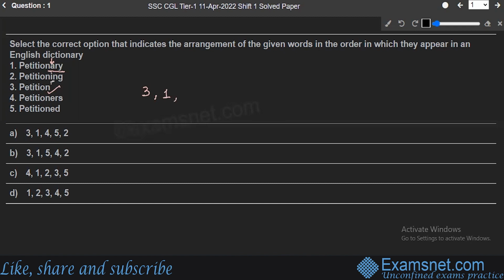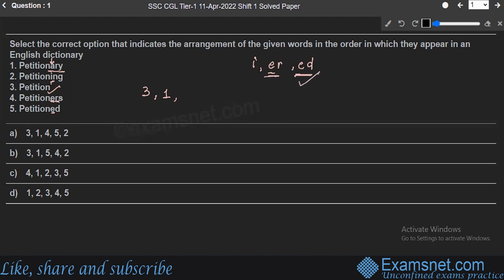Then here is ing, here is e, and here is e again. So you have I, e, and e. This e should come first, but both are e's, so I have to look at the next alphabet. In this one, the next alphabet is r, and here it is d. Should the next word be the one with ed or the one with er?